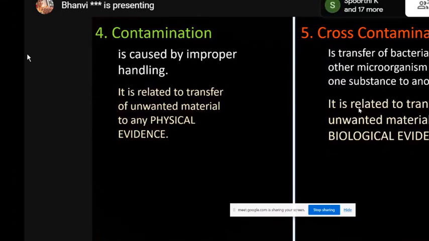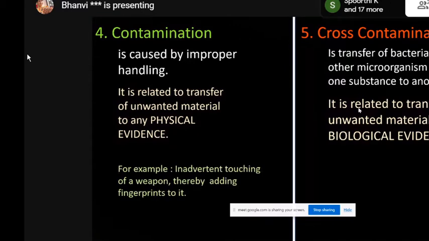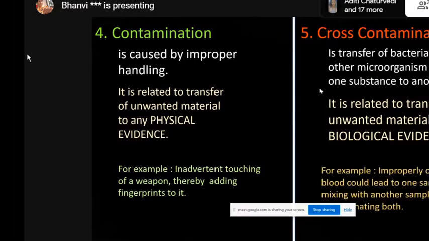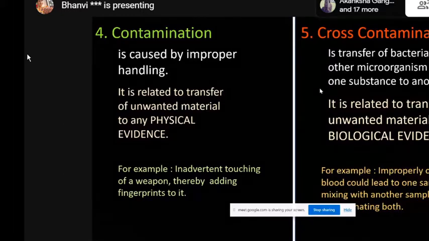You can see here physical evidence and biological evidence. There is a difference. In contamination, we can see here examples: inadvertent touching of a weapon, thereby adding fingerprints to it. And an example of cross contamination: improperly collecting blood could lead to one sample mixing with another sample.